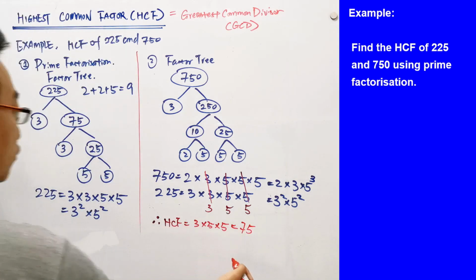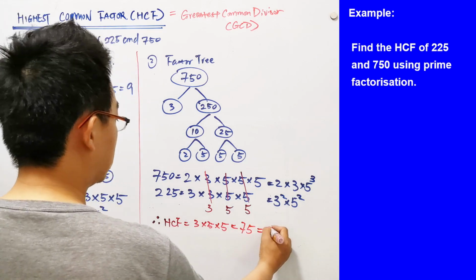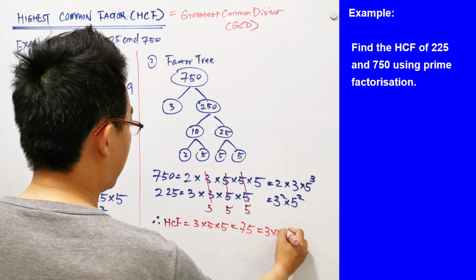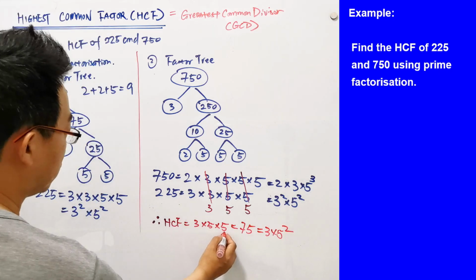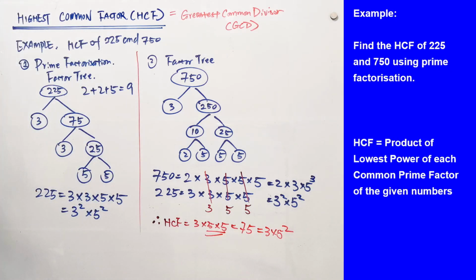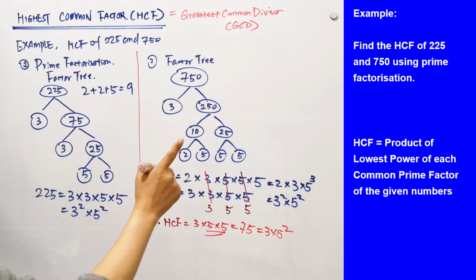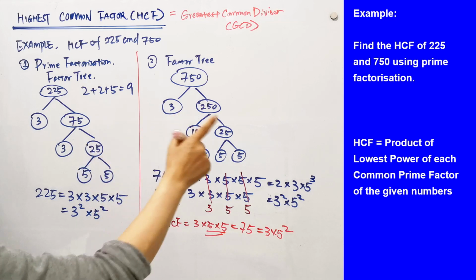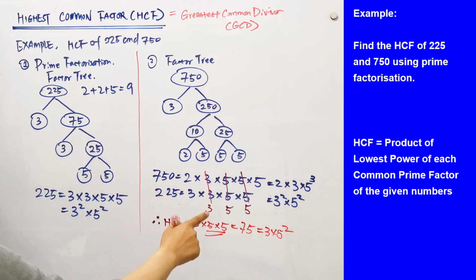Okay, and we also notice that it's 3 times 5 squared, because here you've got 5 squared. So here we can see that basically the HCF can be obtained by multiplying the lowest power.